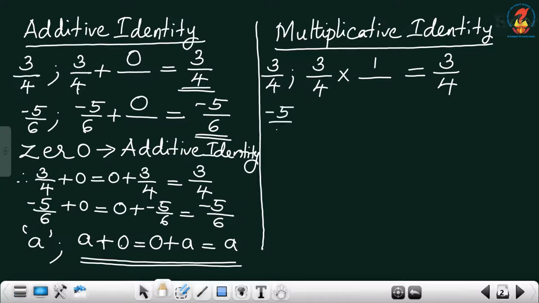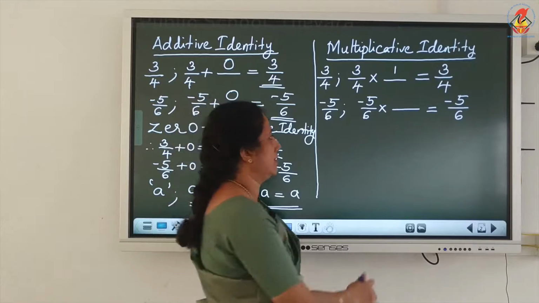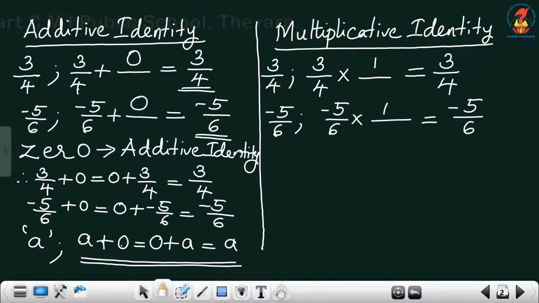Similarly, negative 5 by 6. Negative 5 by 6 into another rational number so that the product is negative 5 by 6. So, by which rational number you have to multiply negative 5 by 6? It is 1. Therefore, negative 5 by 6 into 1 equal to negative 5 by 6.